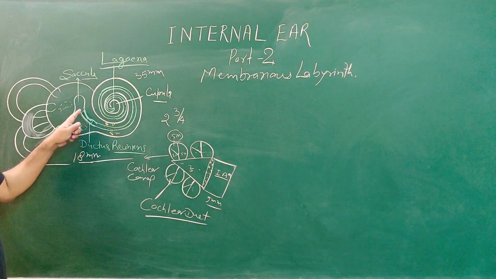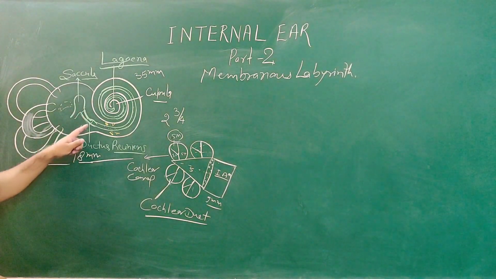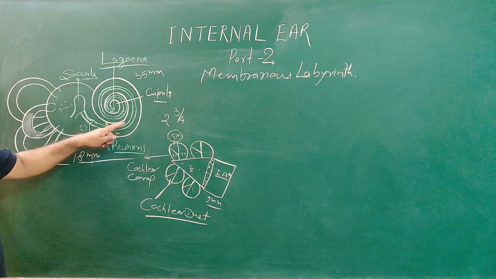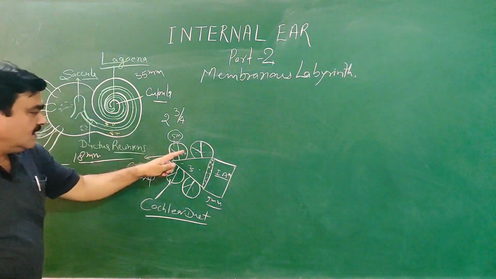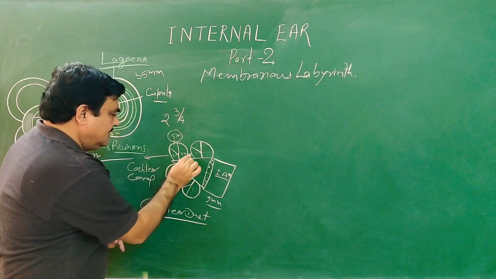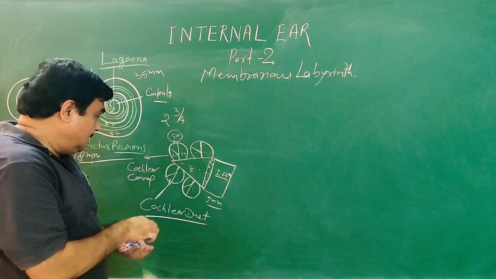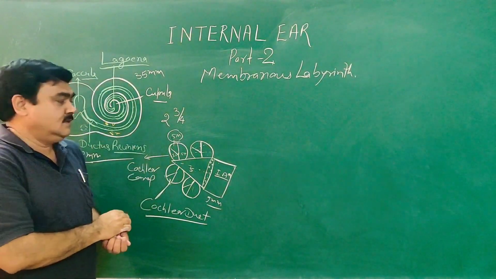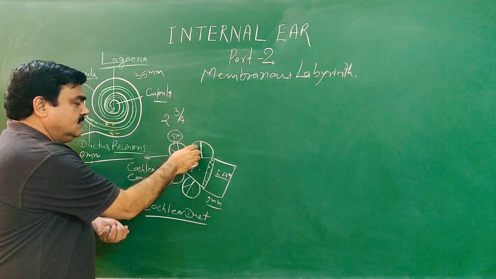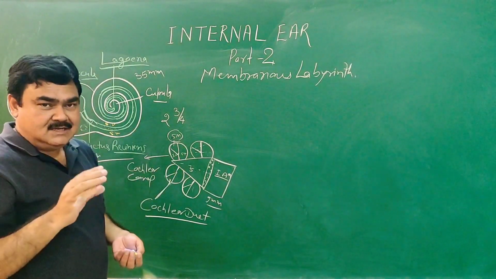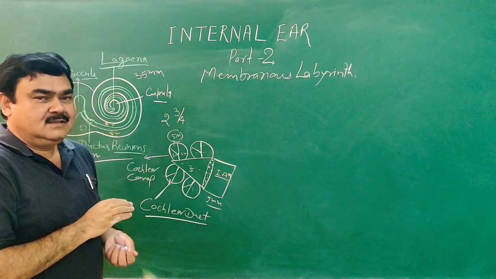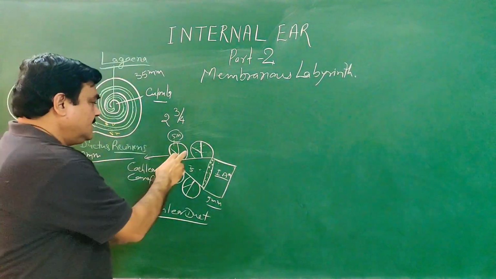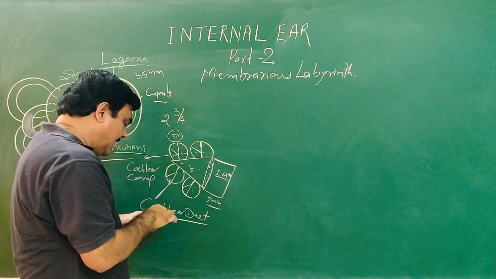So here it communicates with the saccule. So this is the membranous labyrinth. In this part of the membranous labyrinth, the spiral organ of Corti is present. That is the organ of hearing. Here the organ of Corti is present.